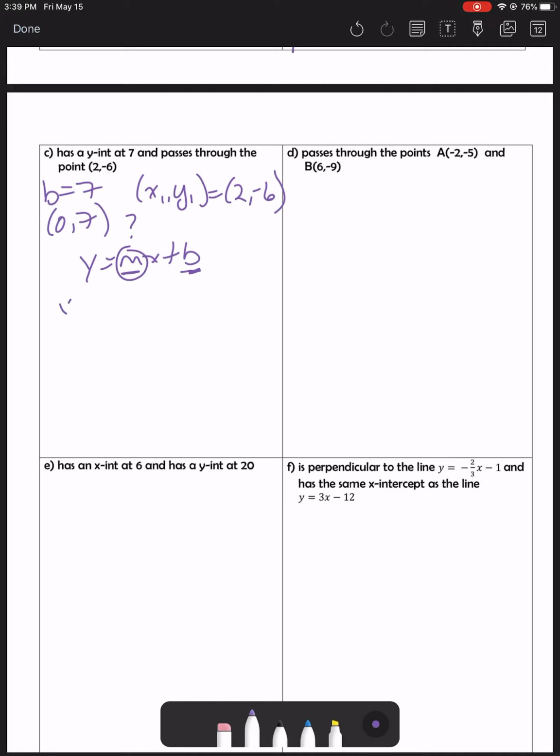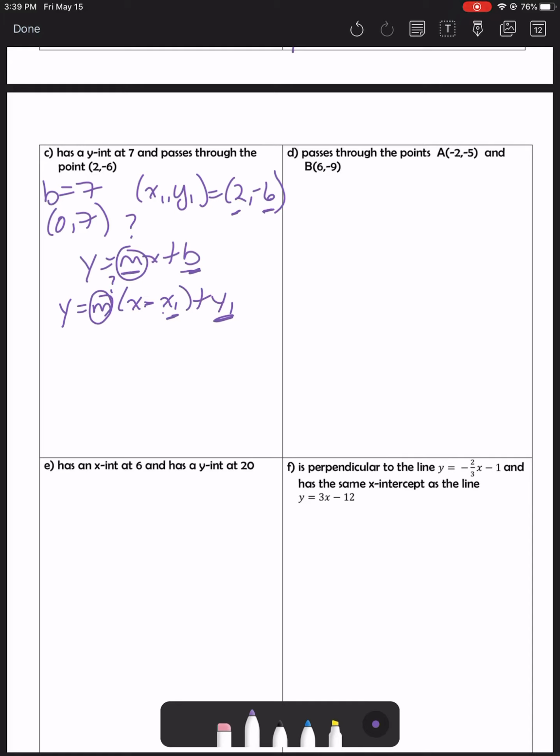And even if I want to use y equals m, x minus x1 plus y1, I know x1 and I know y1. x1 is 2, y1 is negative 6. But again, I don't know m. So at this point, neither one of these equations, I don't know enough information.